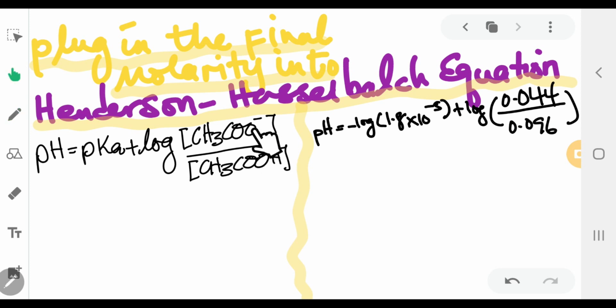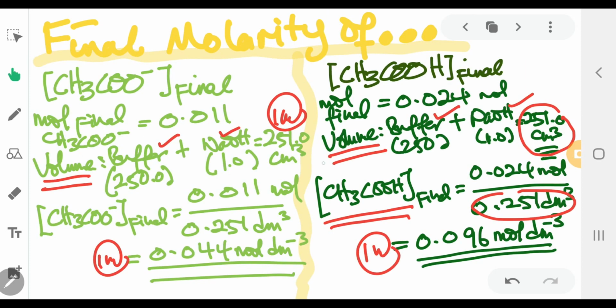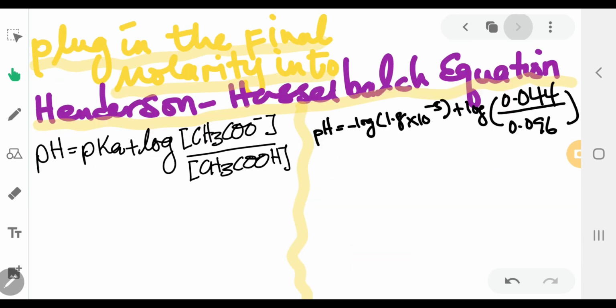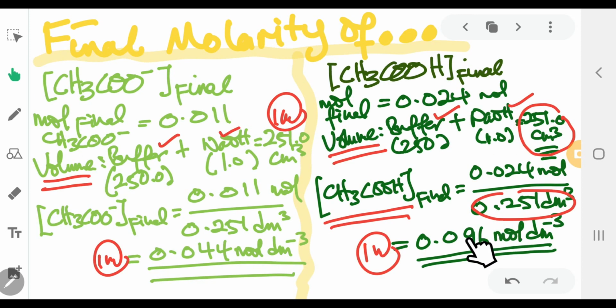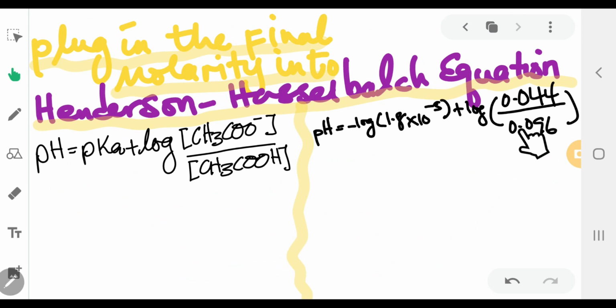So this is the concentration of the conjugate base, 0.044, and underneath is the concentration of your weak acid, 0.096.